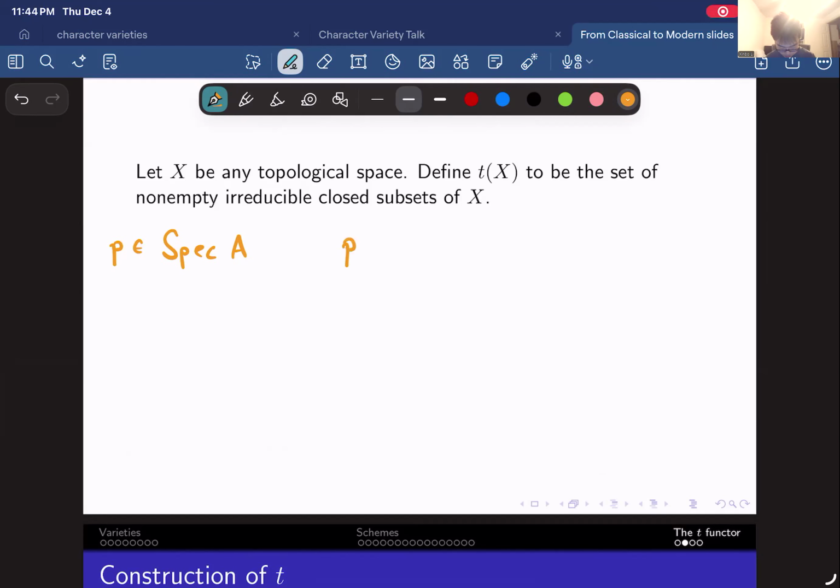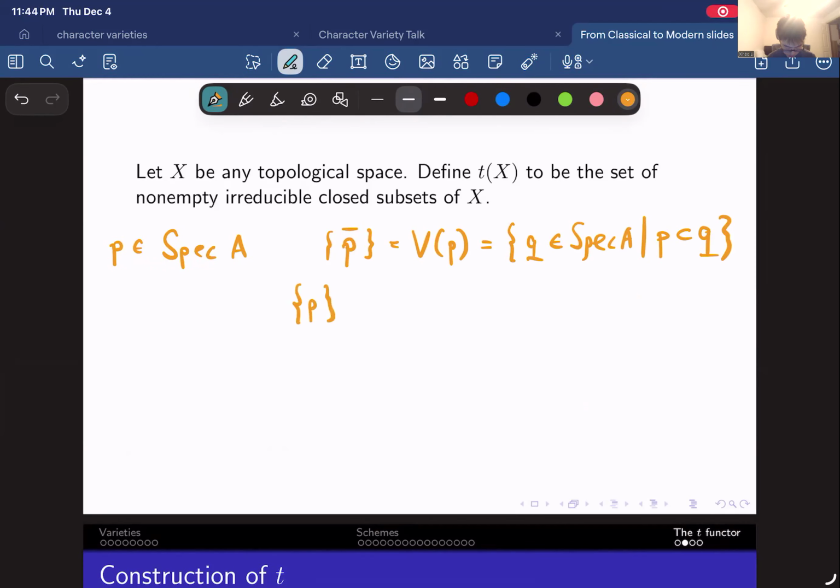So P closure, the closure of the one element set P, is equal to V of P, which I defined to be the set of prime ideals Q such that P is included in Q, right? When Q is maximal, what does it tell you?